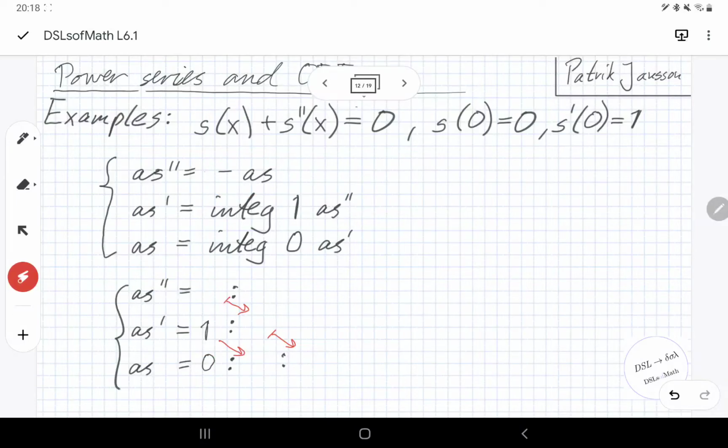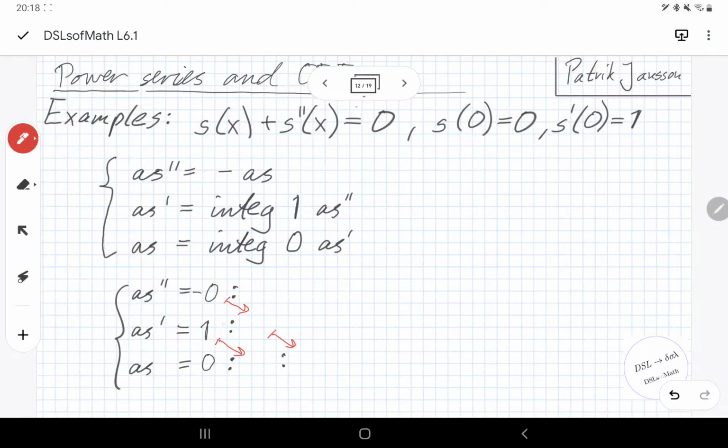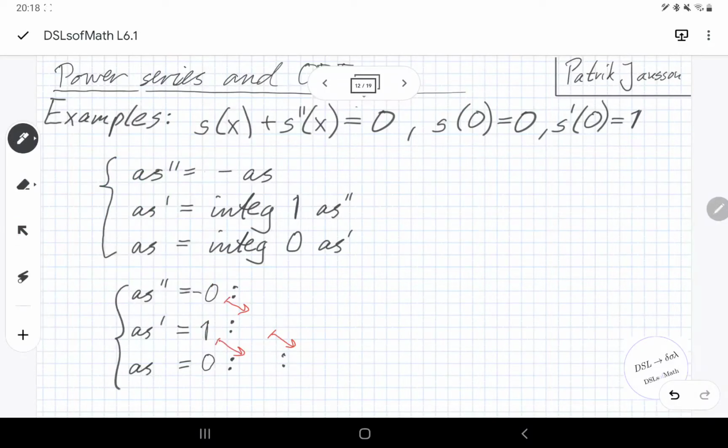So this is minus 0, I'll just write minus 0, the same as 0. And now the red little arrows indicate that I can try to move diagonally downwards. And what I mean with diagonally downwards here is using the integral equations. So let's underline them in red. Remember, that was the division and the increasing powers.